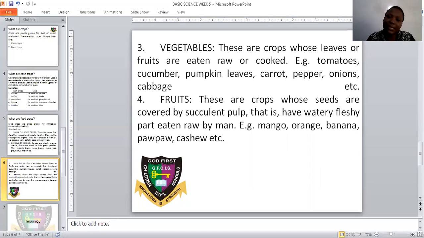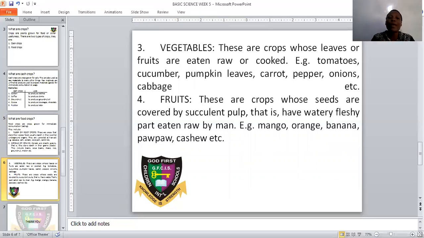I want to believe you know the parts of a plant. It has leaves, stem, roots, and branches.